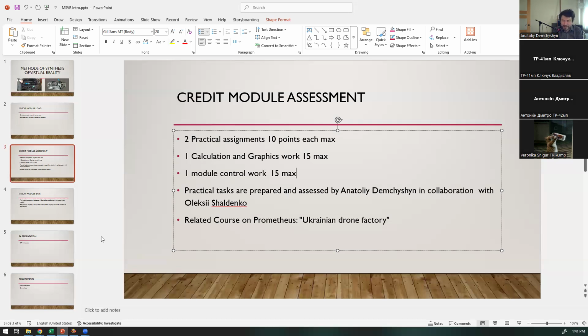My suggestion is that we cannot go lower than 4 to pass this credit module. And it's completely achievable, and the practical assignments are easier than in the previous credit module. Then let me stop the recording.